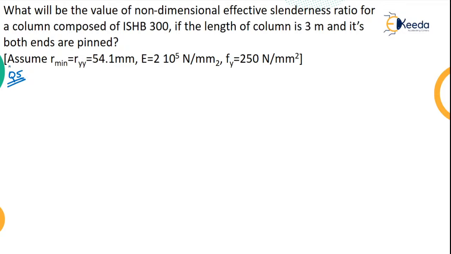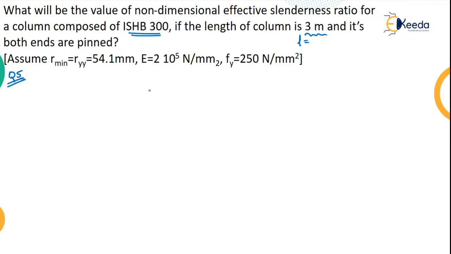What will be the value of the non-dimensional effective slenderness ratio for a column which is composed of ISHB 300, okay, so ISHB 300 is given. If the length of the column is 3 meters, so L is given to you as equal to 3 meter and its both ends are pinned.